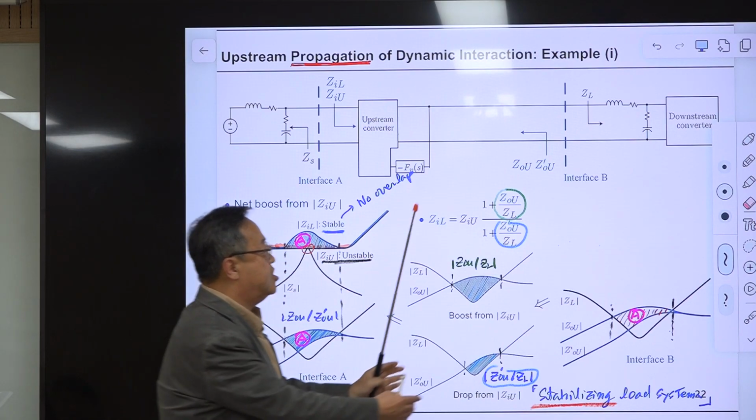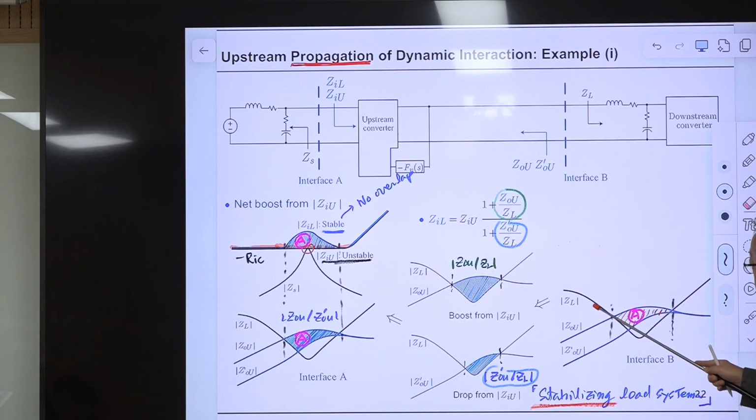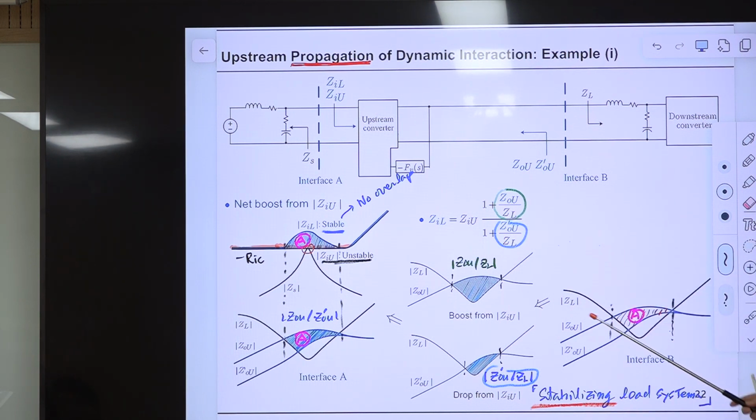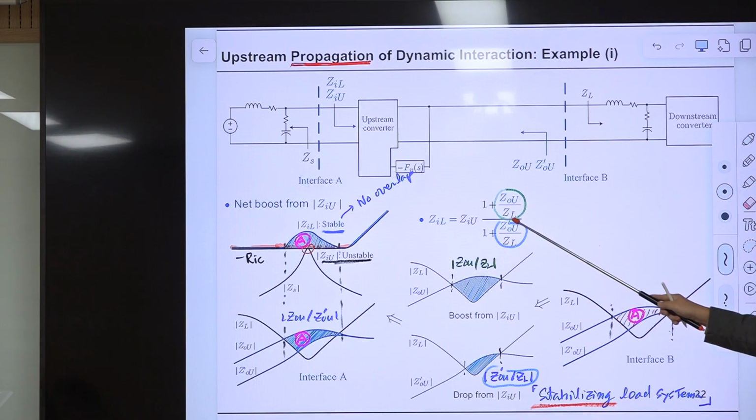But in the middle region, GOU is larger than GL, and GOU prime is also larger than GL, so these two terms become dominant. For GOU divided by GL, you are comparing GOU and GL. There is this overlap, this much, and it comes in the numerator. So you ignore this, then GIU will be increased by this area.